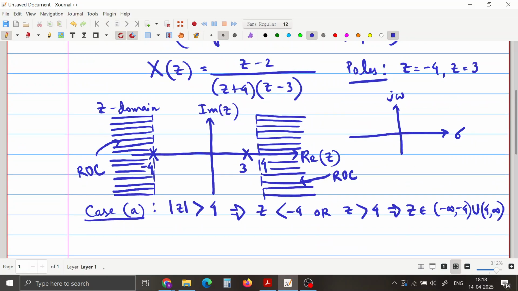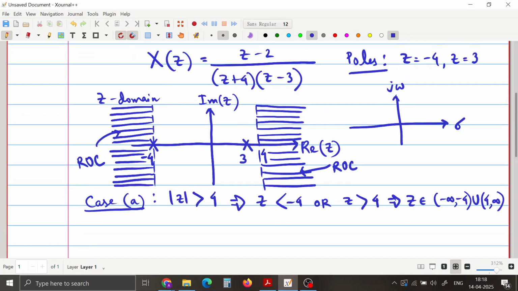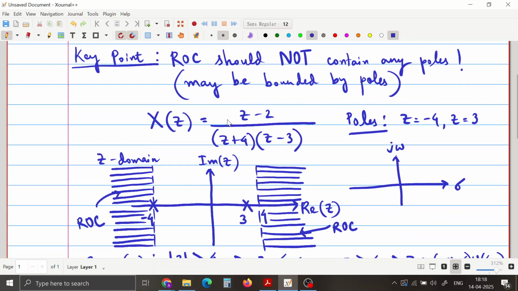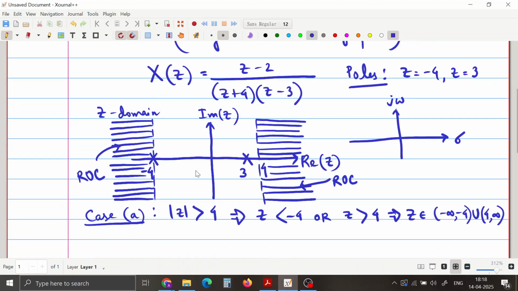Okay, so now my question is this, can this be a valid ROC? What is the condition of a valid ROC? It should not contain any poles, it may be bounded by poles, but it should not contain any poles. Looking at the ROC, we can clearly say that the ROC is not containing any pole within it, right?